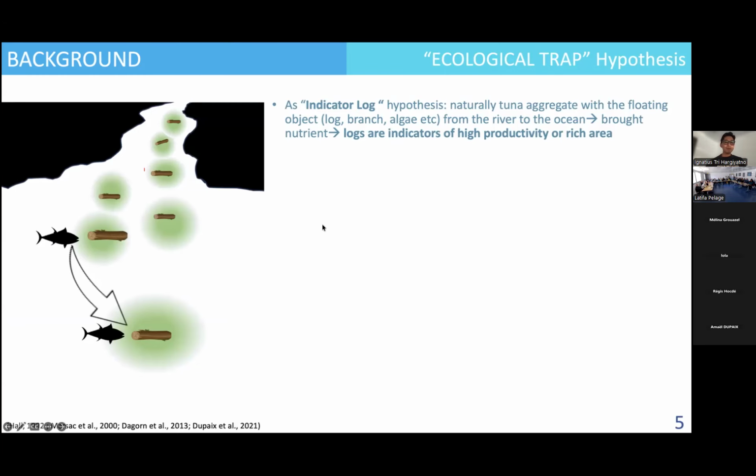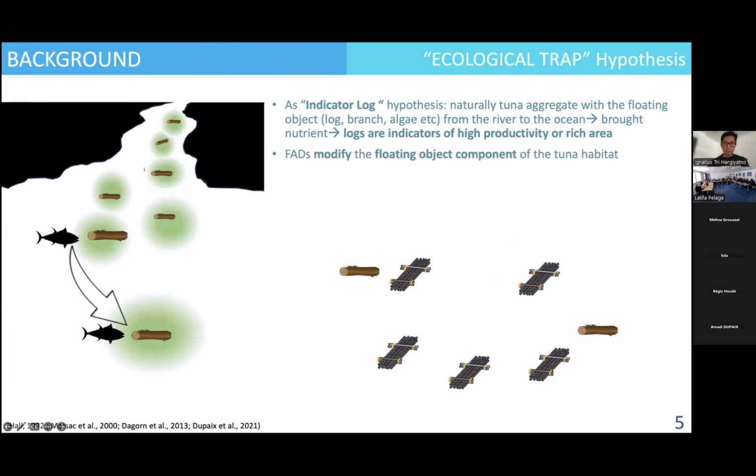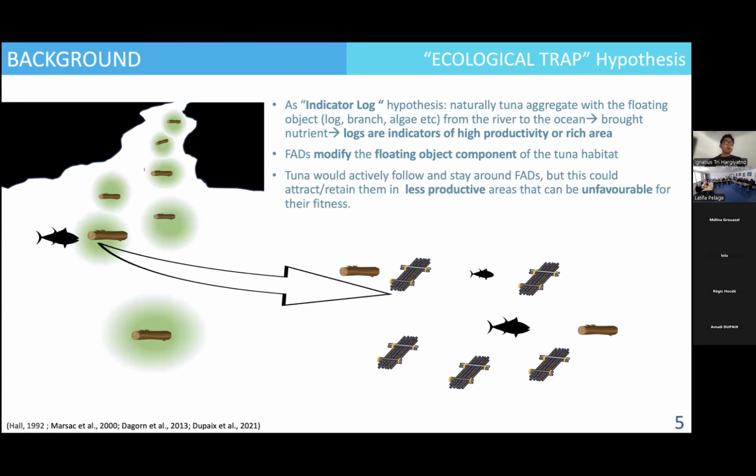The massive deployment of FADs modifies the floating object component of tuna habitats, and then tuna will actively follow or stay around FADs, but FADs could attract or retain them in less productive areas that can also be unfavorable for their fitness.